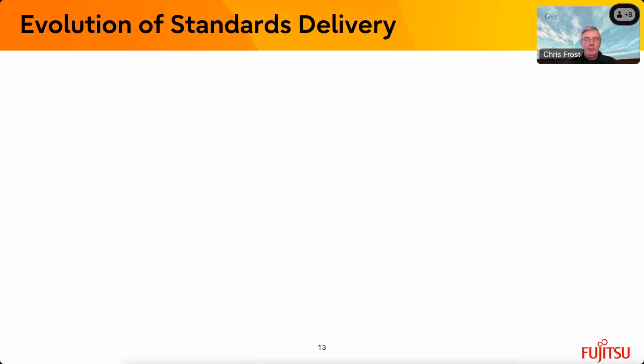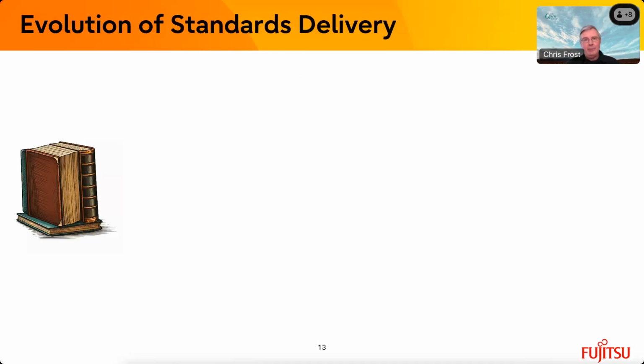Another thing that we've been thinking about, just literally within the last few weeks, is what does the evolution of standards delivery mean for this? And what do I mean by that? Well, if you go back, I don't know, 20, 30 years, maybe a little more.